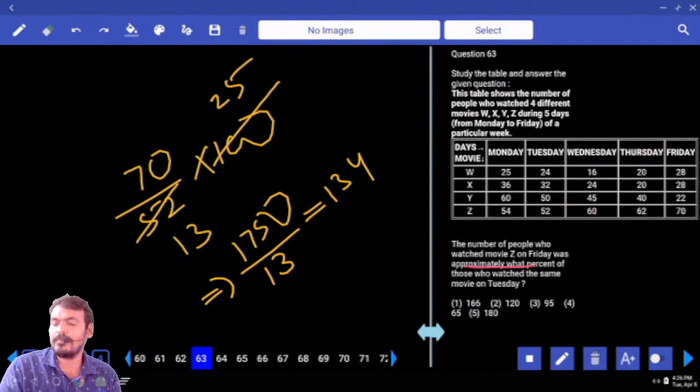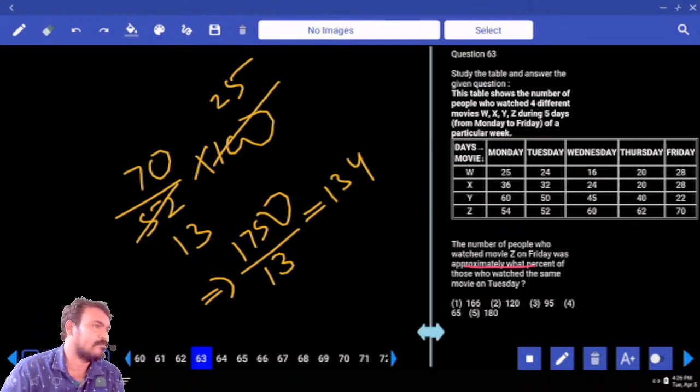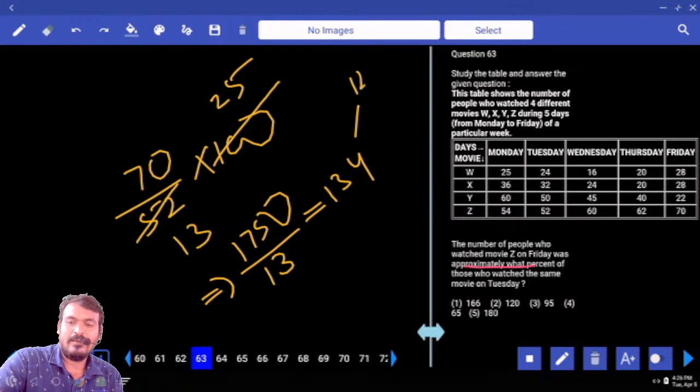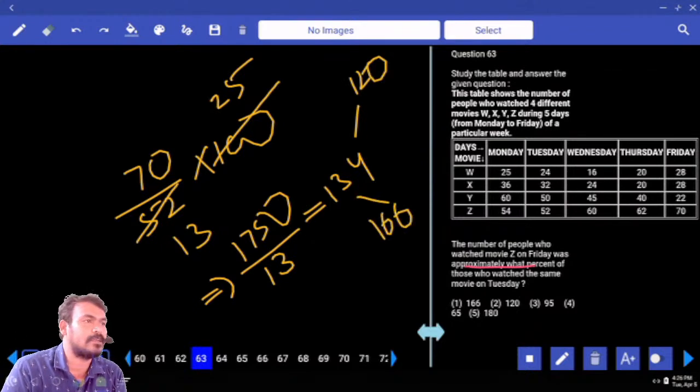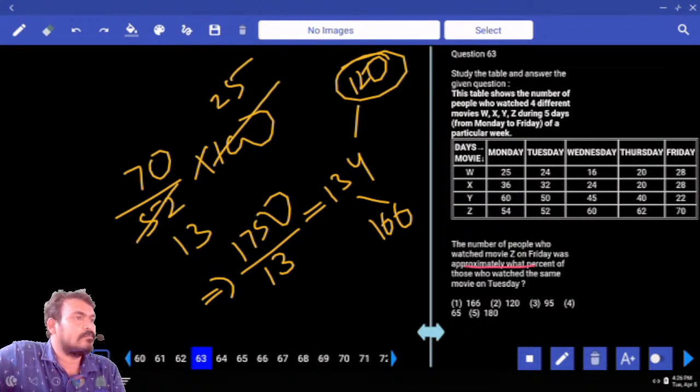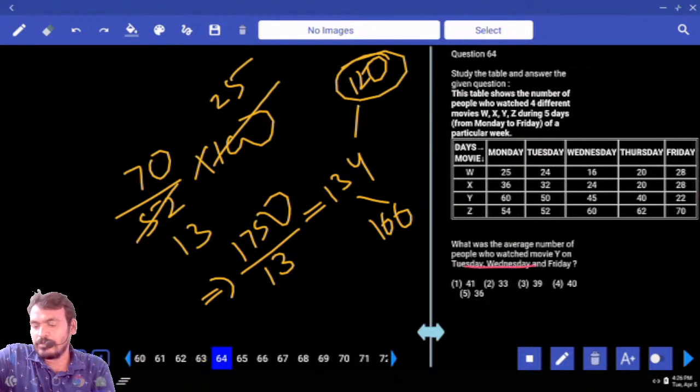Since we require approximately, we write 120 or 166 or 180? 120 or 166? 120 is the nearby value, because 134 and 166, what is the difference? 32. 134 and 120, difference 14. Which one is the nearby value? 120, right?